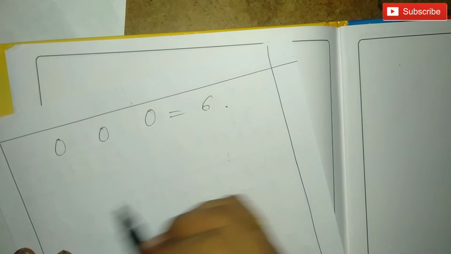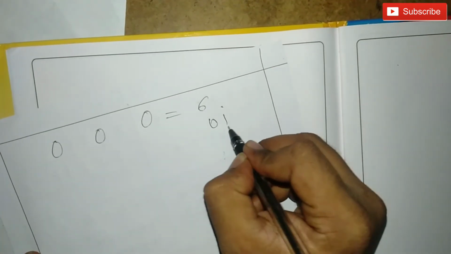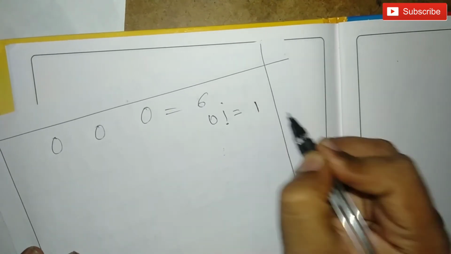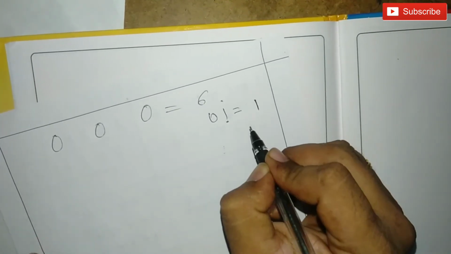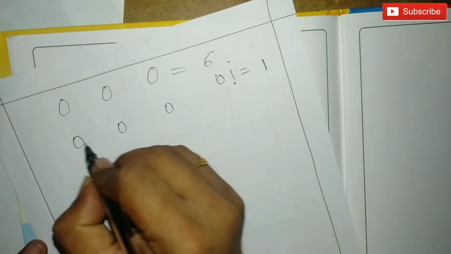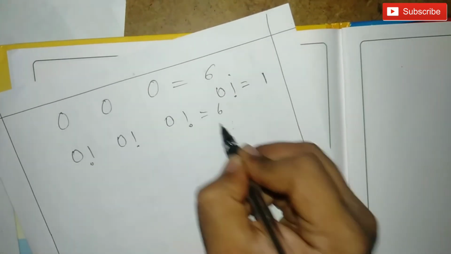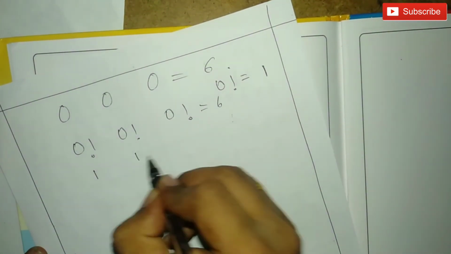It can be possible through the rule that we all know, that 0 factorial is always equal to 1. Okay, can we solve with the help of this? Let's see. 0 0 0, we will take factorial, equals 6. Let us see. 1 1 1 equals 6.